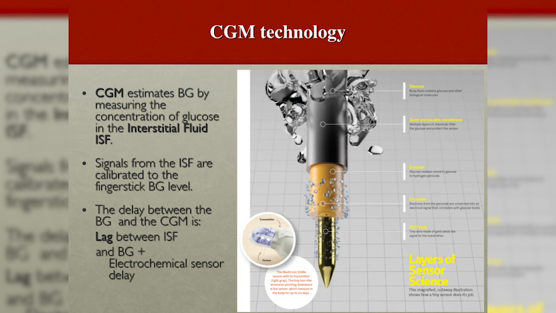Blood glucose diffuses from the blood by a gradient to the interstitial fluid. Looking at the cross-section of this sensor, there's a membrane that allows only glucose to enter the next layer, the enzyme-covered layer, and it prevents other saccharides from getting through.